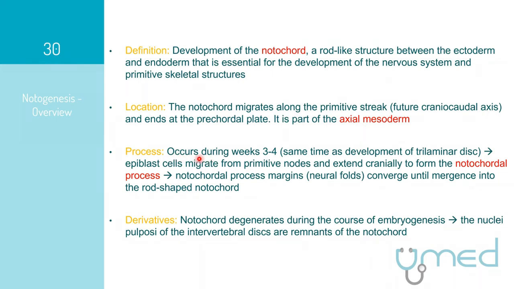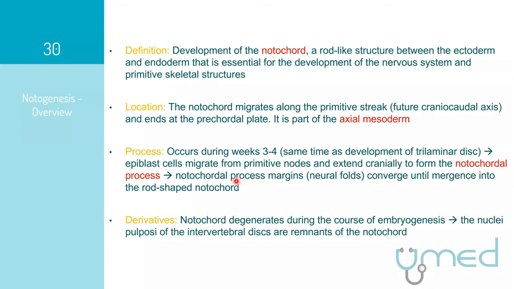So the process, in quick summary, occurs between week 3 and 4, along the same time as the development of that trilaminar disc. The epiblast cells in this case would migrate from the primitive node and extend towards the head to form the notochordal process.